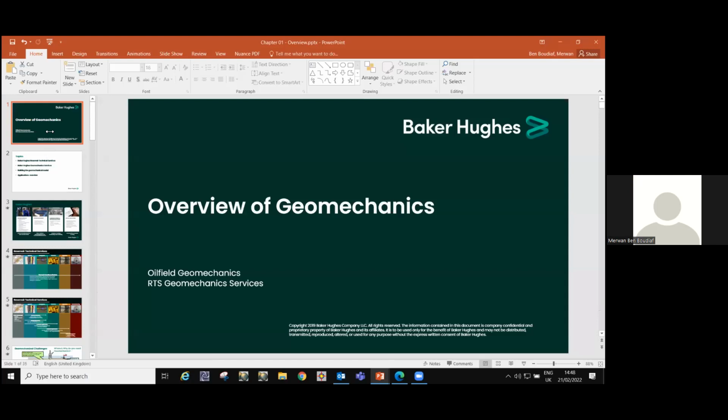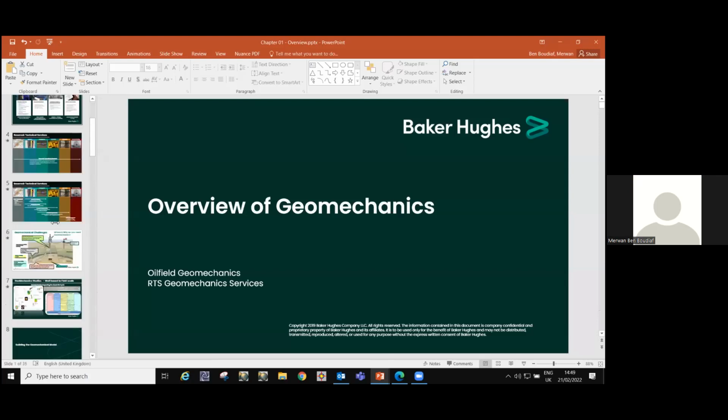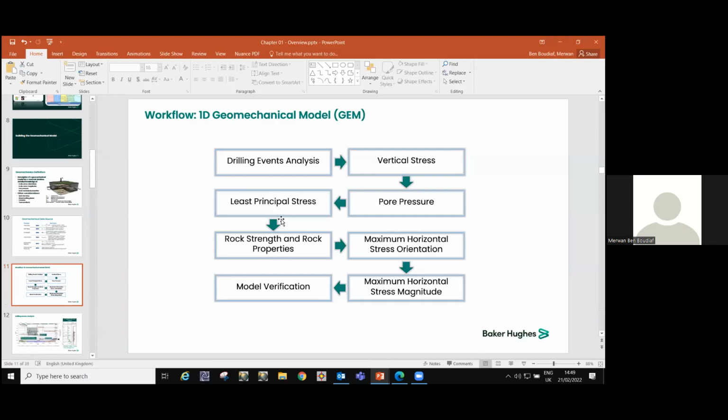In the case of a naturally fractured formation, we go first through the normal workflow in order to estimate all of these parameters. The tricky part will be really the least principal stress estimation.